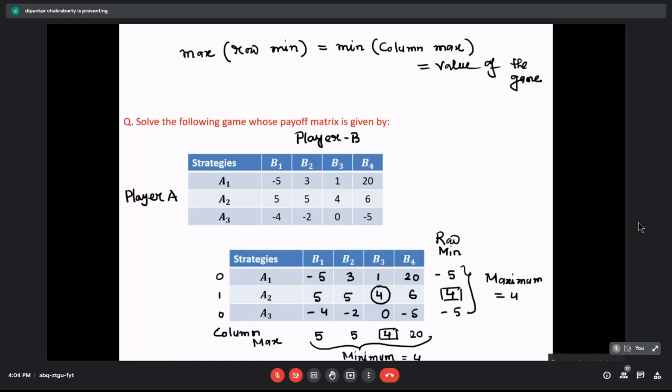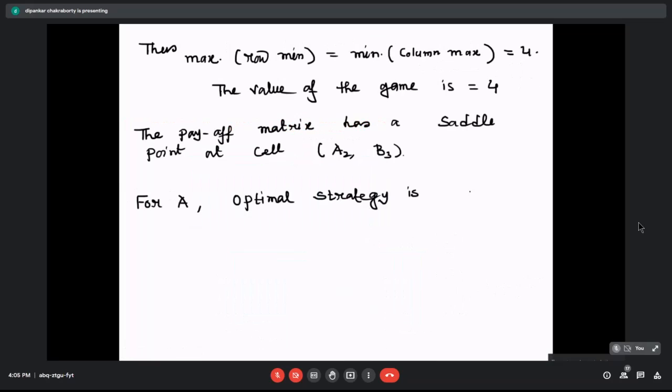Okay. Similarly, how will player B lose the money? In that case, the strategy for player B will be 0, 0, 1, 0. So the optimal strategy for player A is 0, 1, 0, and for B, the optimal strategy is 0, 0, 1, 0, right?